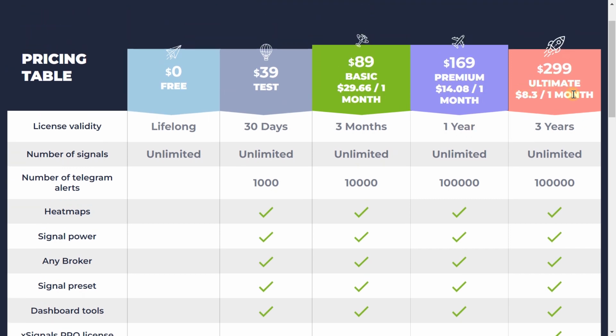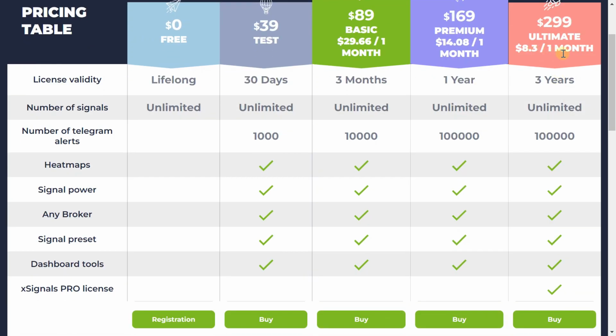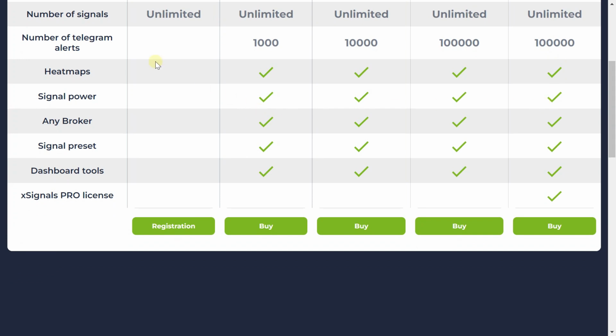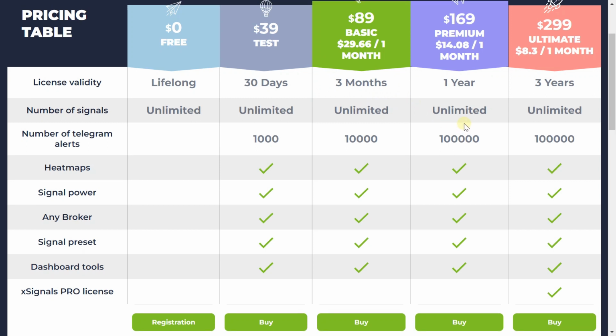The last one is the ultimate plan, which costs around $300 and it's roughly $8 per month. It runs for 3 years. You get unlimited number of signals and you get 100,000 Telegram alerts and you get all these other features. So from these 5 plans, you can choose the one that suits you.